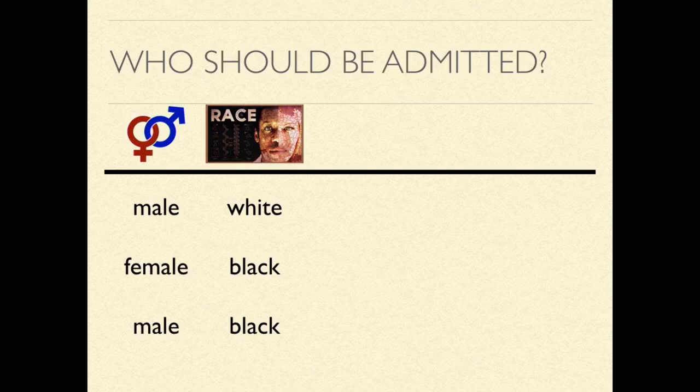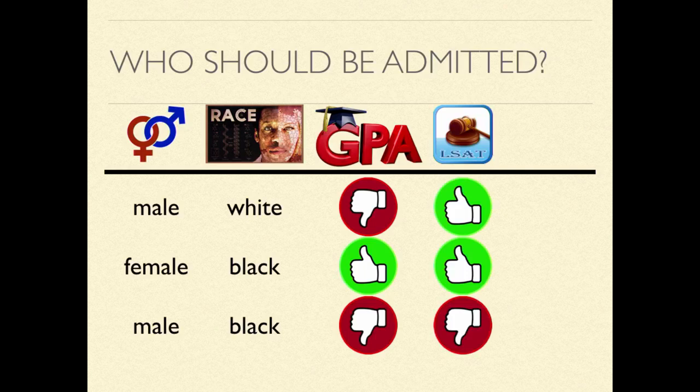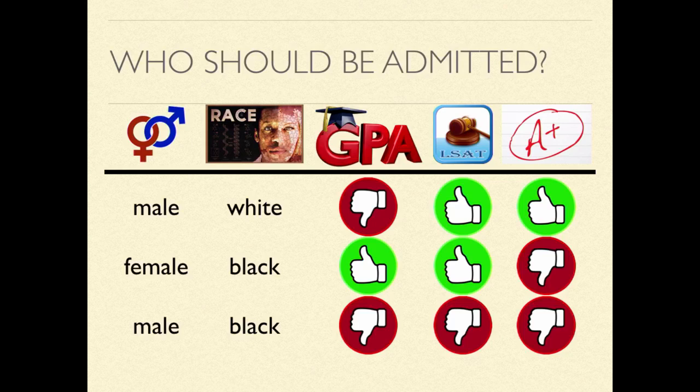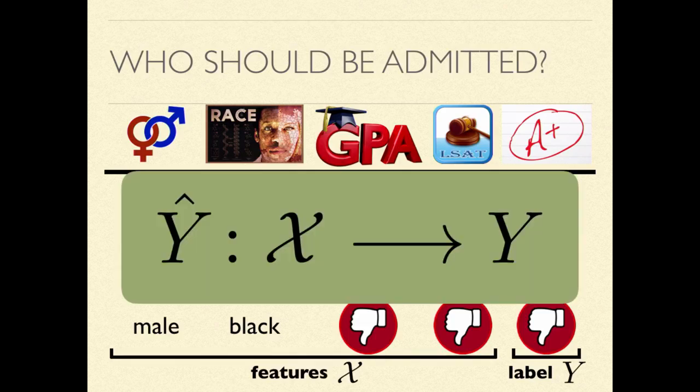We have this information about individuals, their sex, their race, their undergraduate GPA, their LSAT score, the law school entrance exam, and finally, their first-year law grade, which many law firms are going to use as a proxy of someone's law school success or potential. And so, as a law school, we're going to try to learn a predictor, y hat, that maps these features to predicting law grade, or label y.